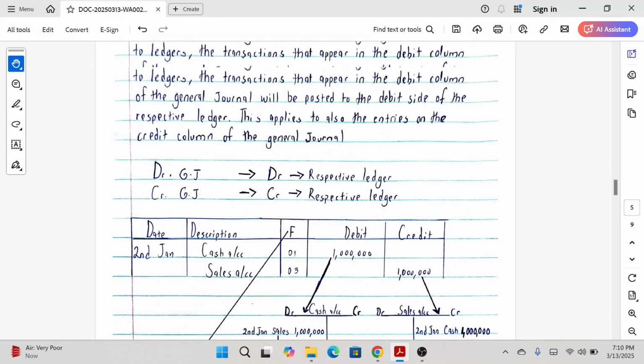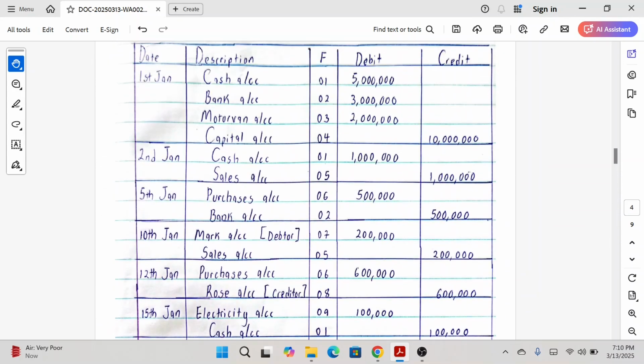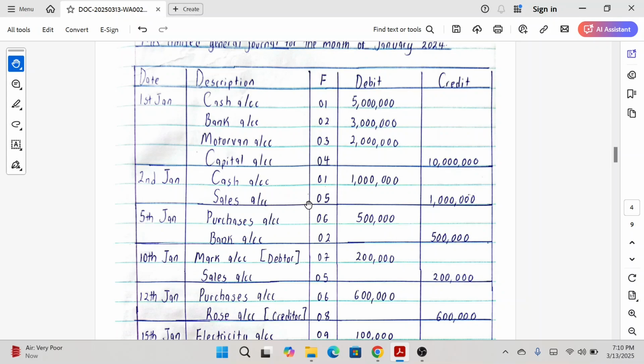Then we look for another one, which is this. You have a second, another second is appearing on the 5th. So we're having bank, but we are going to go on the credit side. We call it purchases. Money is going to purchases account. So we put purchases on the credit side of 500,000.